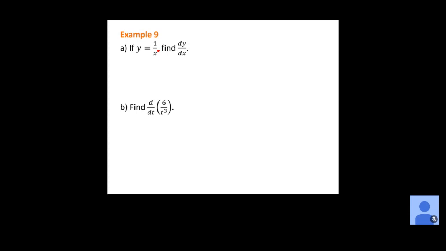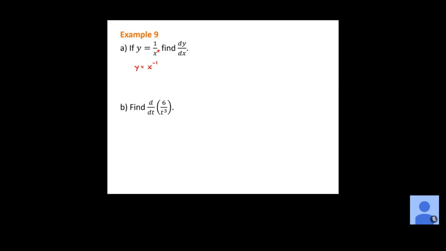So if you have a variable in the denominator like that, another way that we could write it. Almost, right? So x to a negative power, what would the negative power be? It would be negative 1, right? So I'm going to rewrite my function as just y equals x to the negative 1 power.